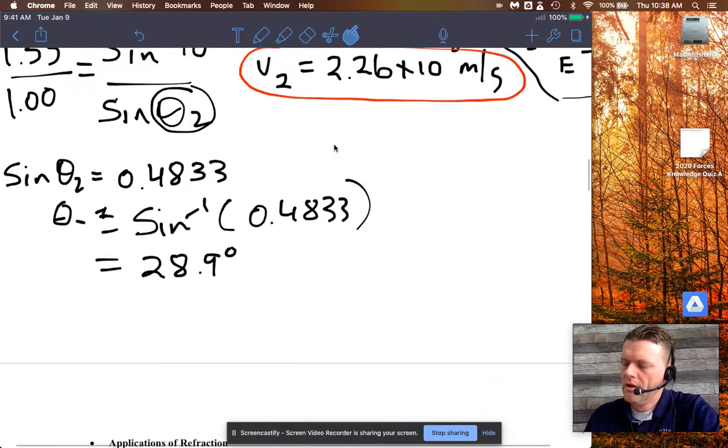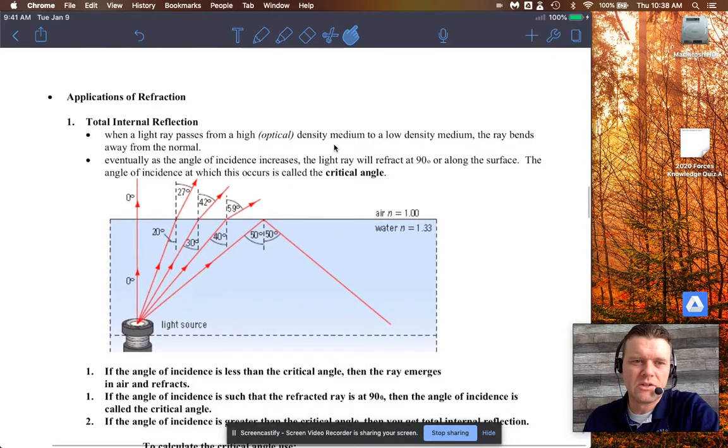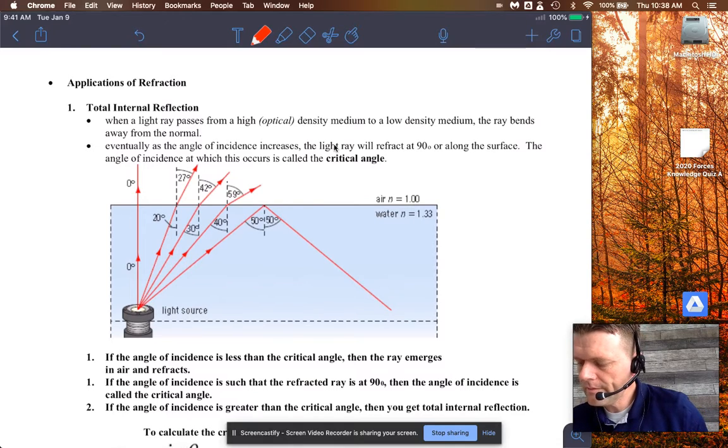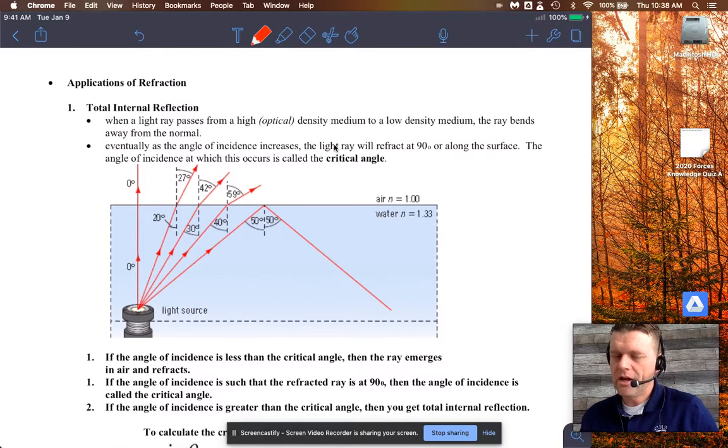Okay. So kind of the last thing I want to mention, or the last 2 things, is one application, which is a really cool one. It's called total internal reflection. What happens is light, as you keep increasing the angle of light going from water to air in this case, something really cool happens. As we mentioned, if you go from dense to less dense, the light will bend or refract away from the normal.